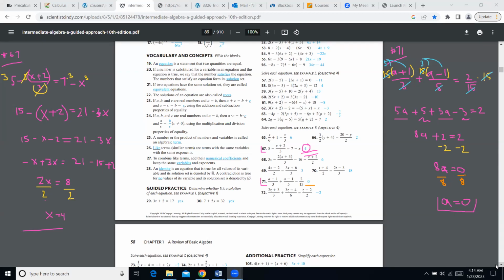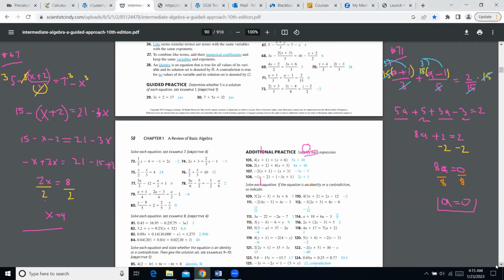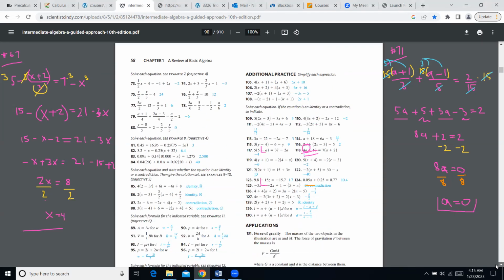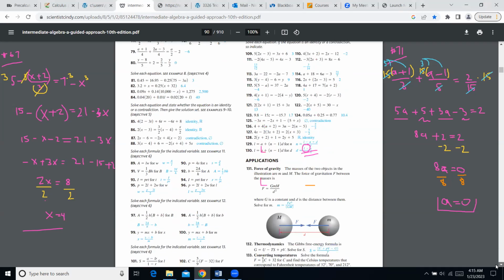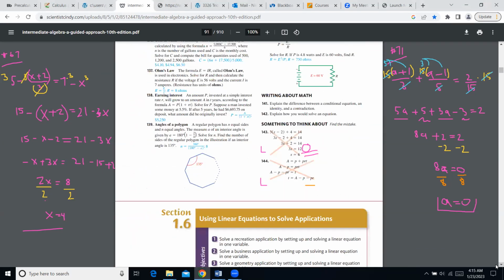So for example, if you can do the problems that I just solved, 67 and 71, and produce the same exact answers, well, I think that'd be enough for homework, because the other exercises in this section are pretty much the same. It just keeps on solving more and more equations.